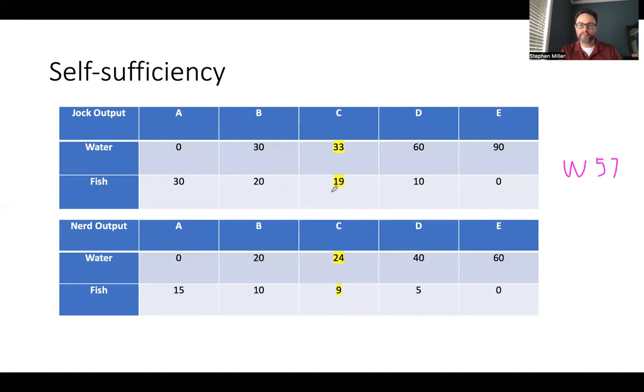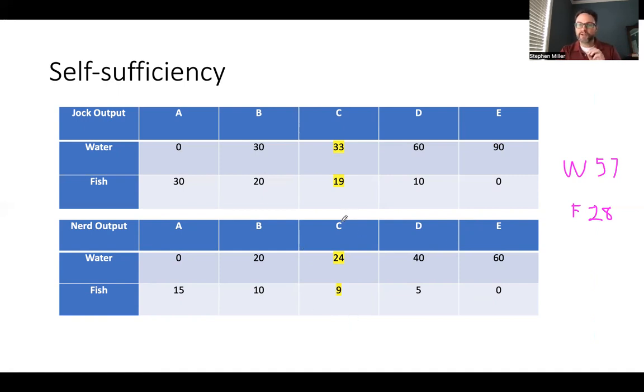And total fish would be 19 caught by the jock, 9 caught by the nerd. So fish would be 28. Okay. That's how much they would produce if they were trying to be self-sufficient.